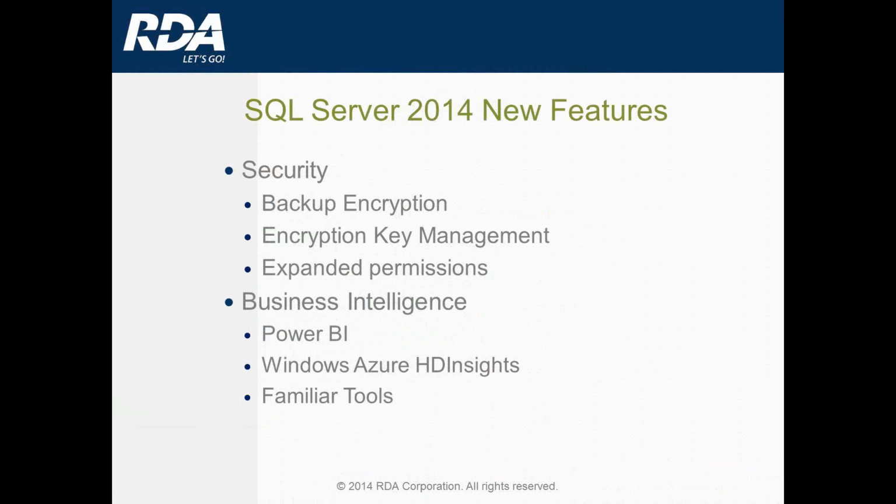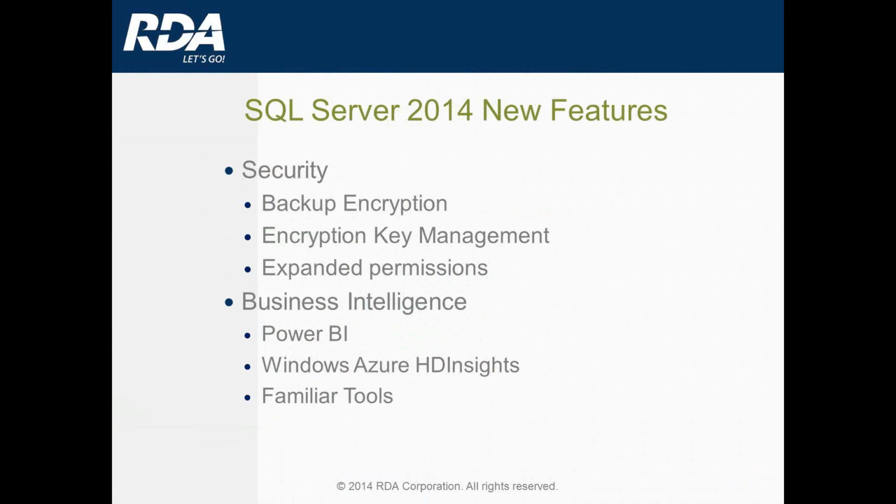From a security perspective, they've added backup encryption. The backup encryption is actually done during the backup, so it's basically part of the process. It's not like you had the backup before and then encrypt the backup. It's done in process.